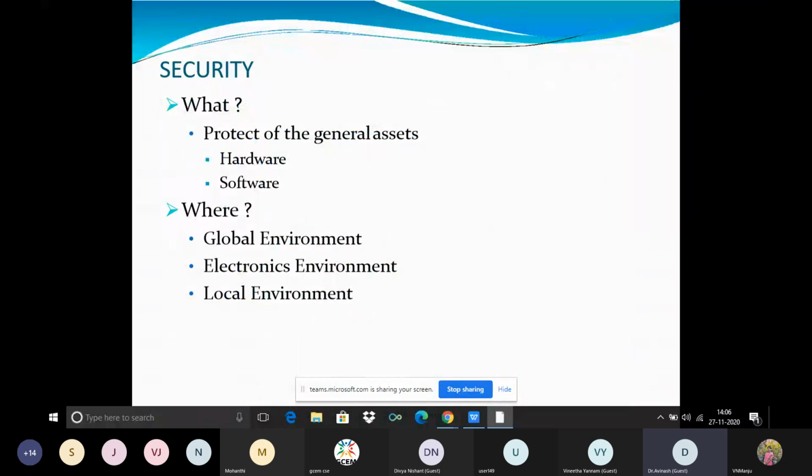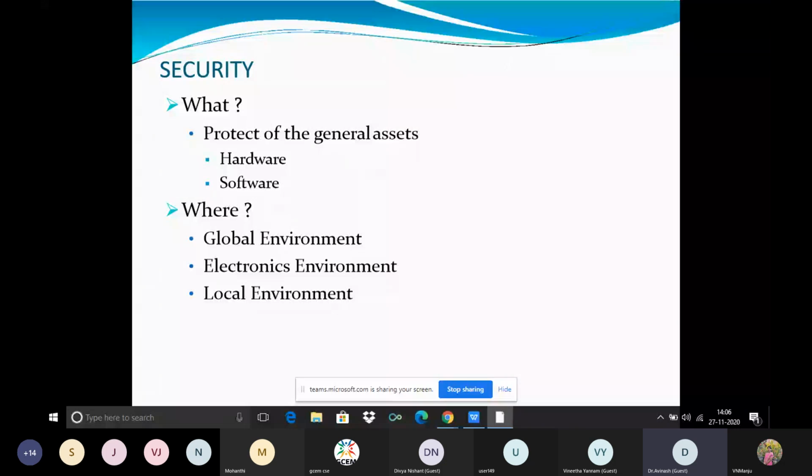Now if we talk about security, why security is important, what is the type of security, and where it really exists in our day-to-day scenario. If we want to protect our general assets, the general assets could be the ones we have already discussed, for example the mobile phones, the laptops, the tablets, and all sorts of things.